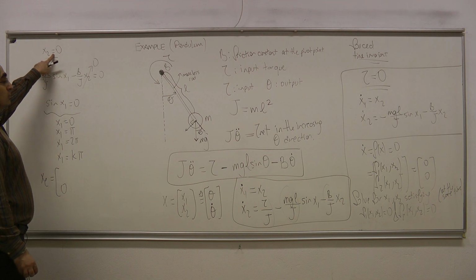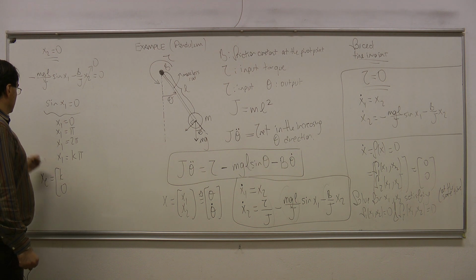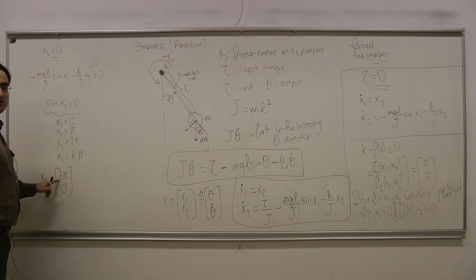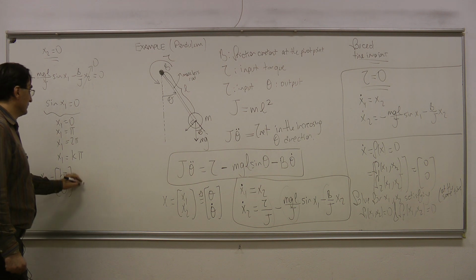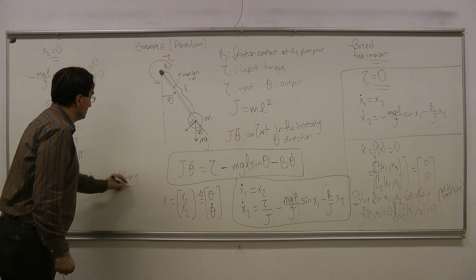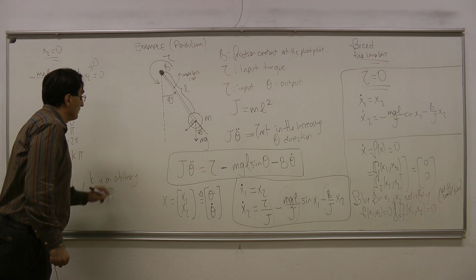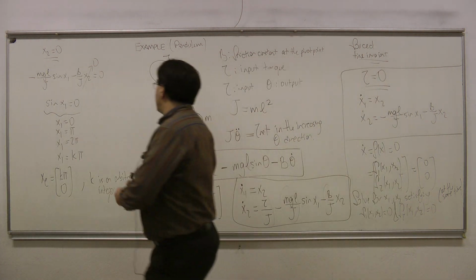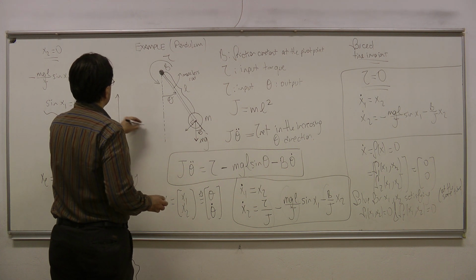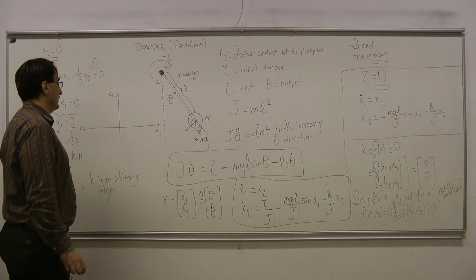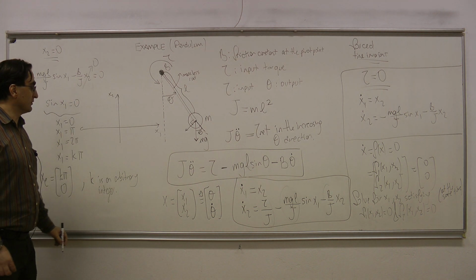x2 is always going to be equal to 0. Angular velocity is always 0. And x1, angular position, has to be an integer multiple of pi, k times pi. K is an arbitrary integer. So if I draw my state space, suppose that this is my state space, and I have x1, x2 here, where are my equilibrium points?